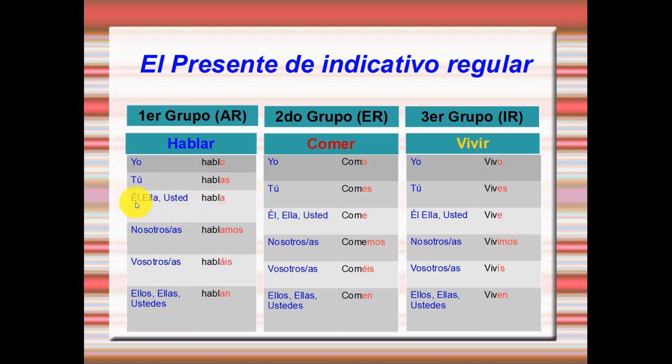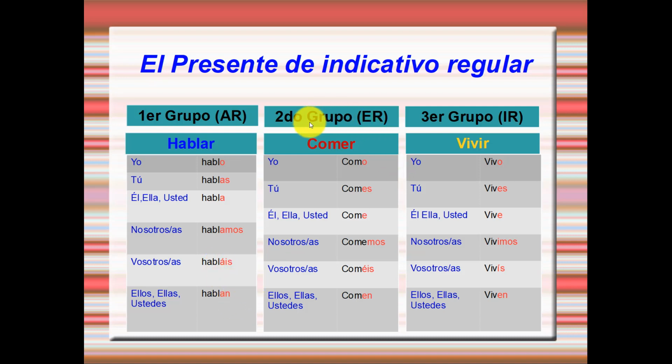Él, ella, usted habla, the ending is always A. Nosotros, nosotras, hablamos, amos. Vosotros, vosotras, habláis, ais. Ellos, ellas, ustedes, hablan, so an. It's always the same ending.